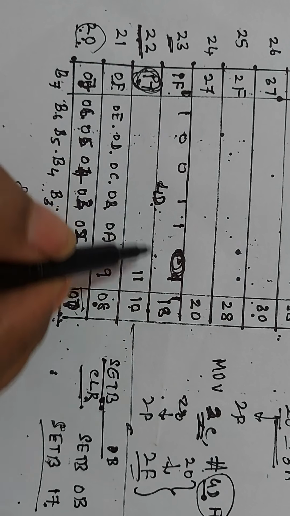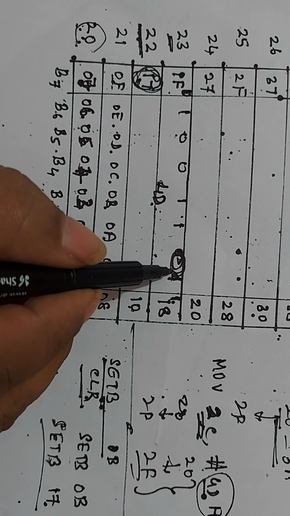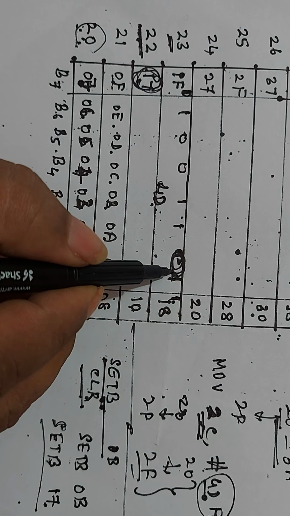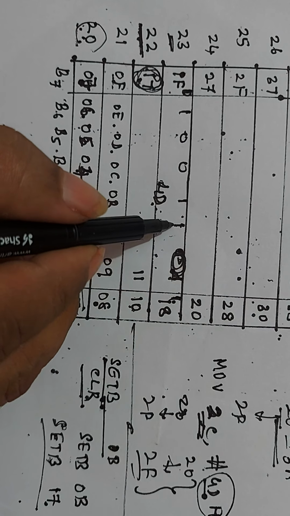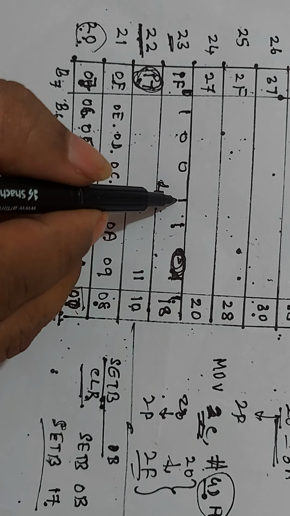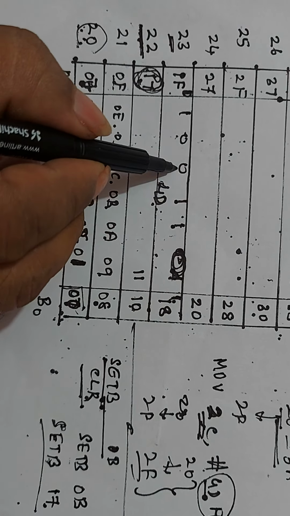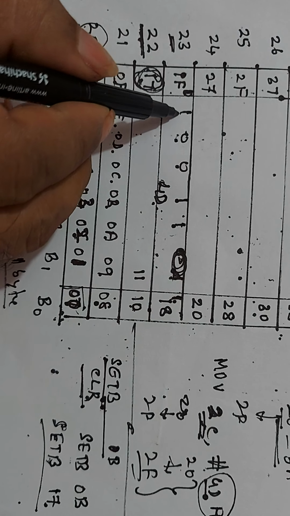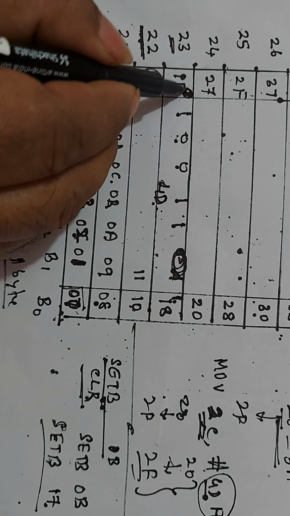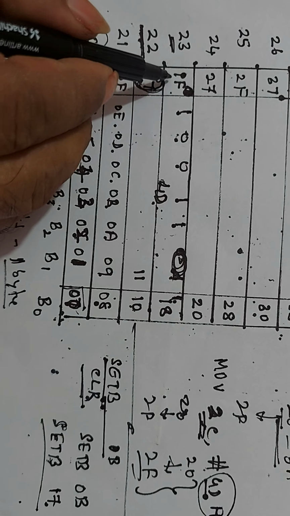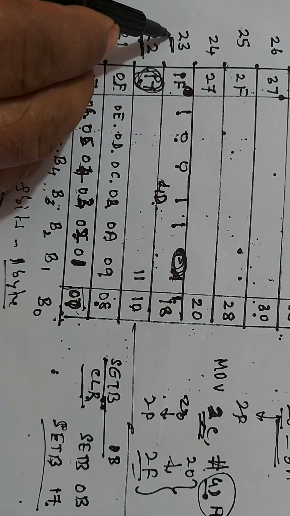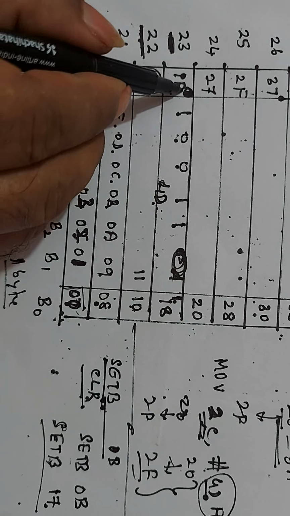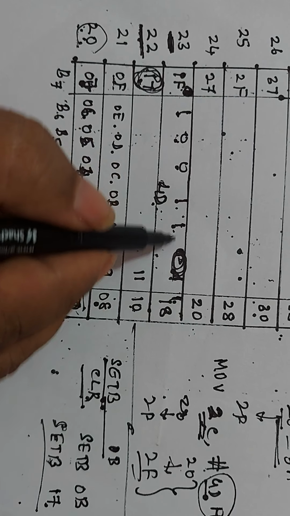So 4D: the first bit is 1, second bit is 0, third bit is 1, fourth bit is 1, fifth bit is 0, sixth bit is 0, seventh bit is 1, eighth bit is also 0. Therefore, all the 8 bits of RAM location 23 are 0, 1, 0, 0, 1, 1, 0, 1.